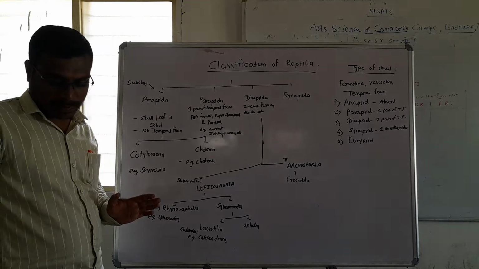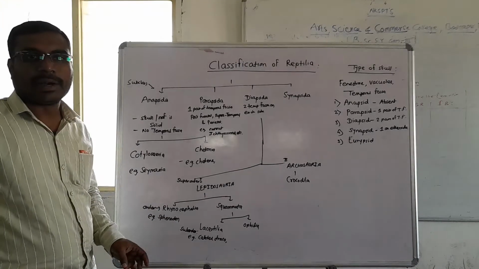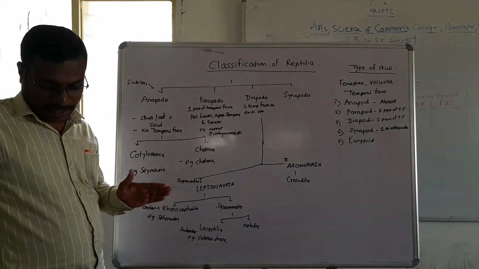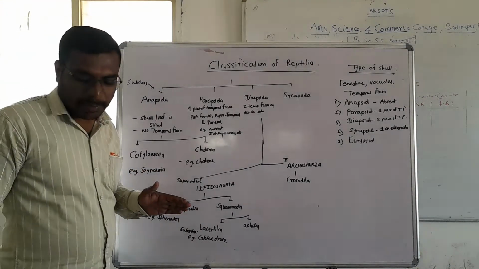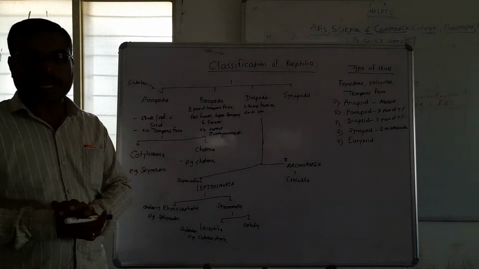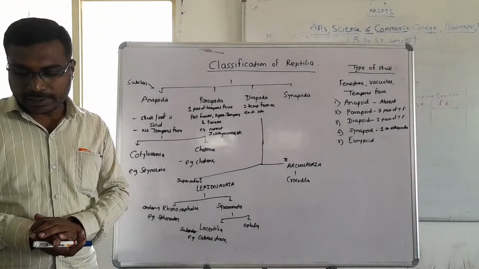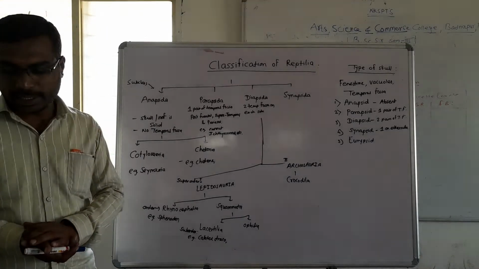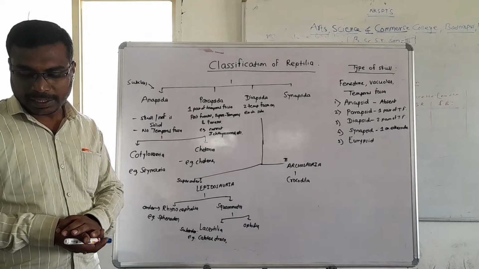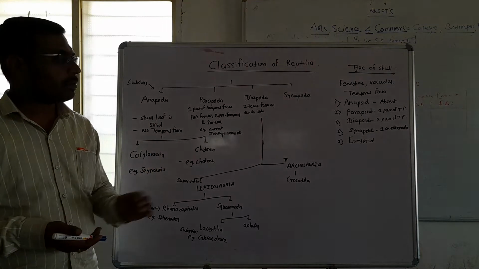Then the next suborder is Ophidia. These organisms may be terrestrial, aquatic or arboreal, or burrowing type. Temporal vacuities are absent. The limbs are absent. Their sternum bone is absent. Tympanum is present. The tongue is bifid type.